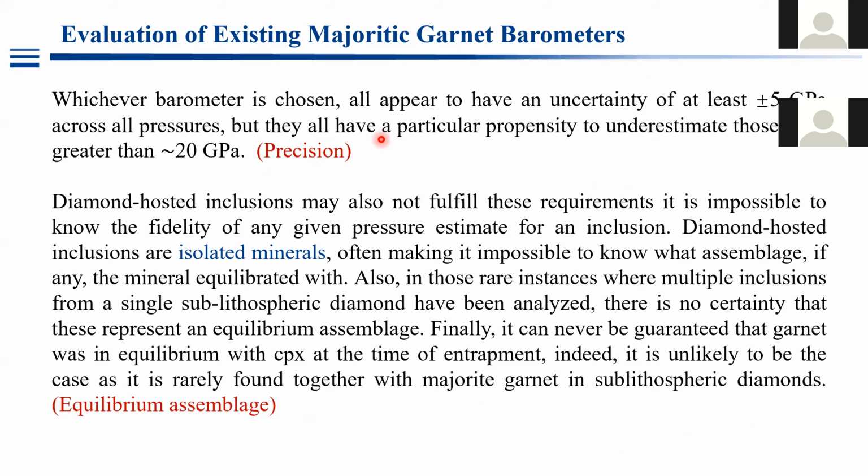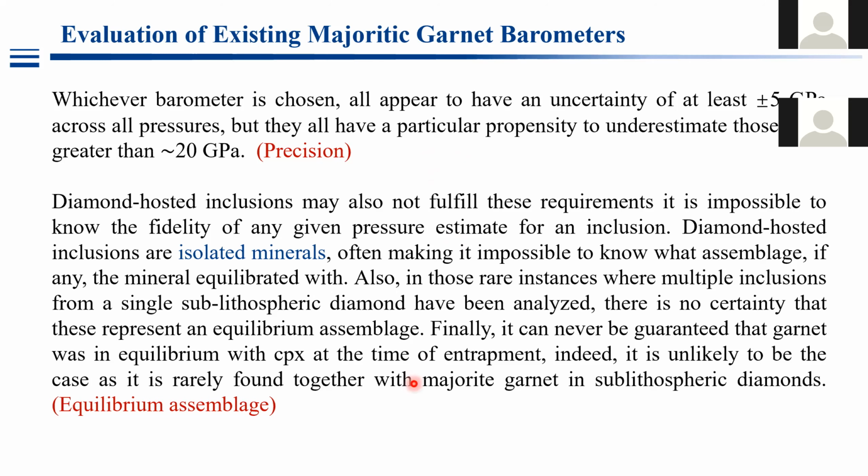From the figures we can see all appear to have an uncertainty of at least plus or minus 5 GPa across all pressures, but they have a particular propensity to underestimate those from greater than 20 GPa.